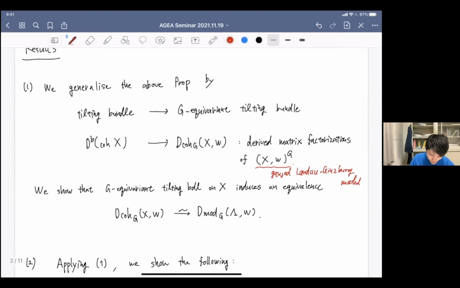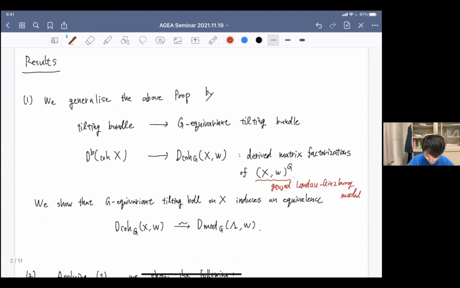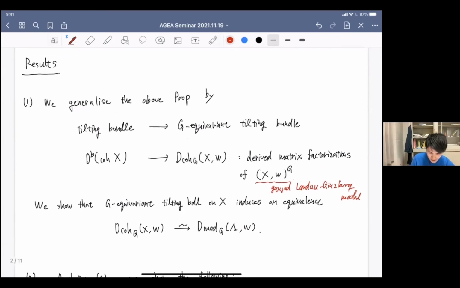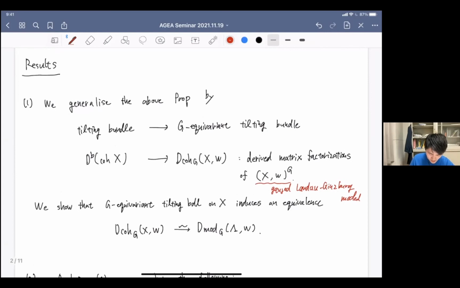And so we show that a G-equivariant tilting bundle on X induces an equivalence of derived matrix factorizations. And later I will explain the more precise statement. And this is the main result of this talk.